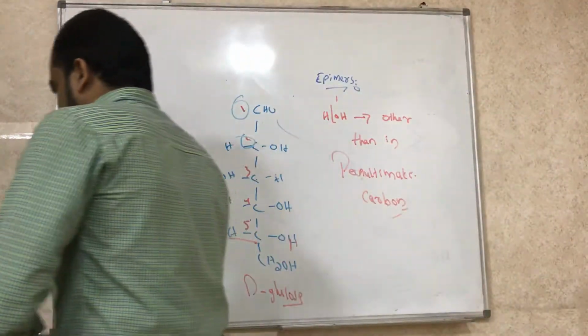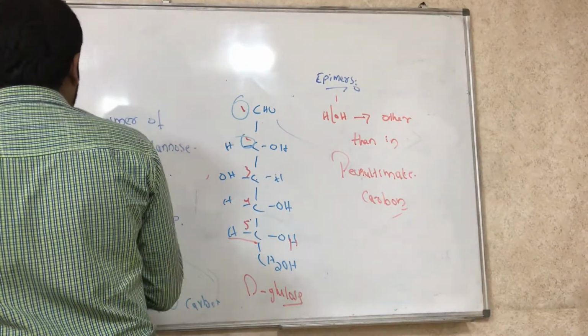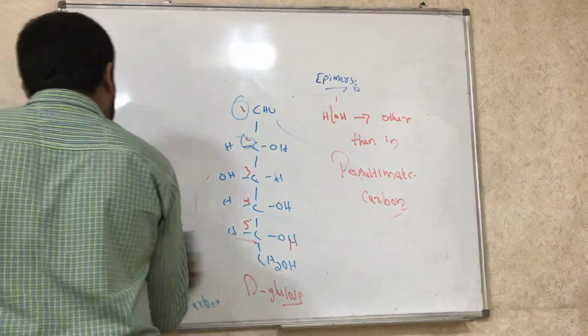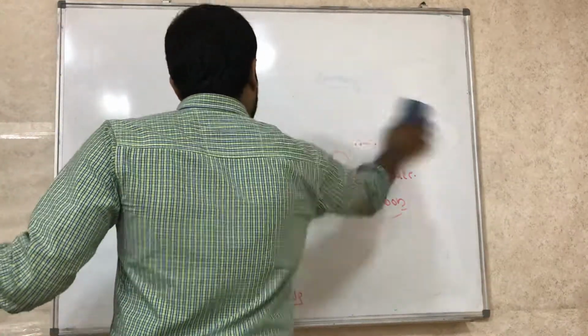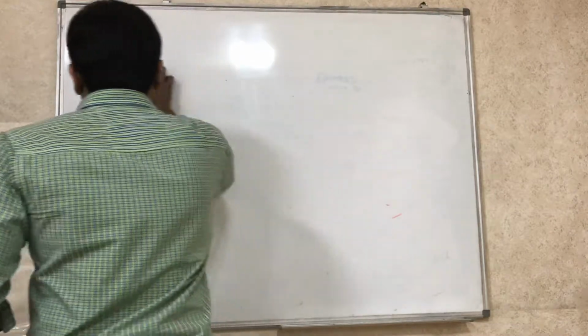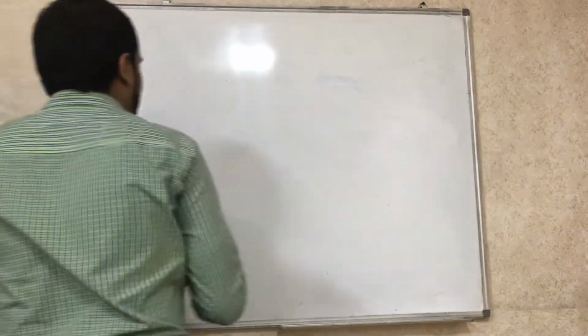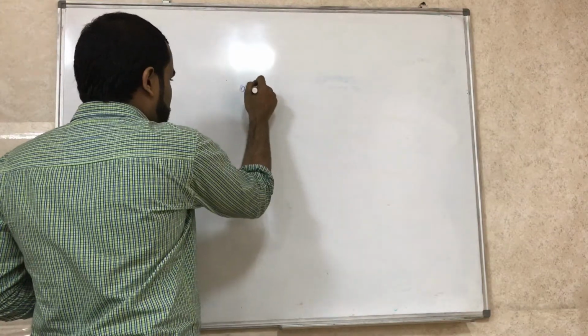Optical isomers. The next type of isomerism I want to study is optical isomerism. So what does it mean? Very easy.